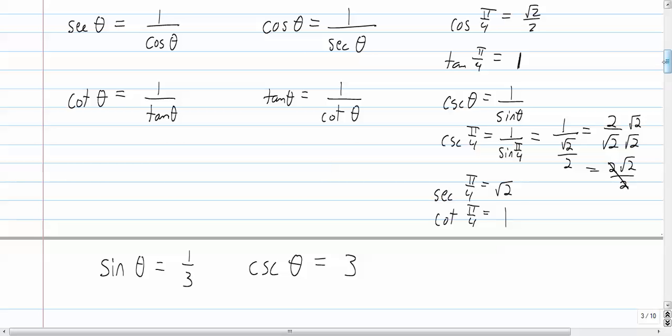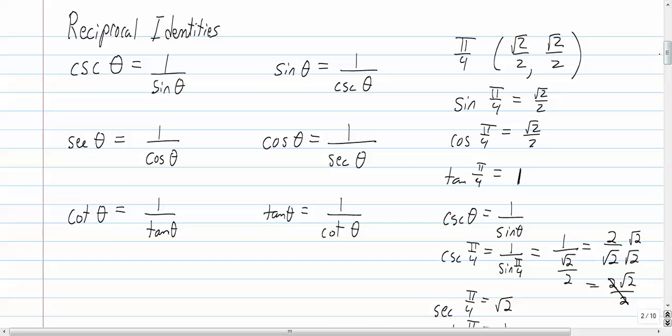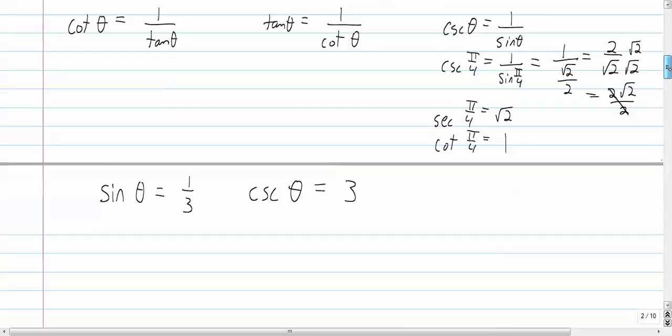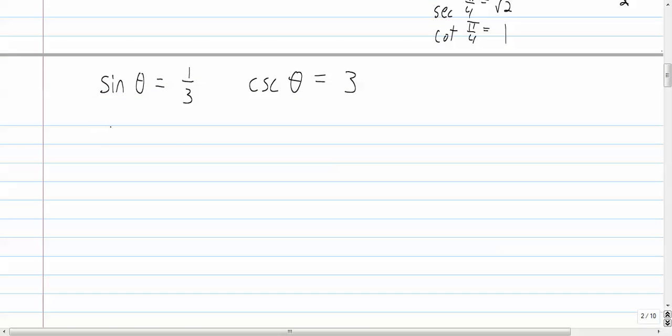Now, another thing that you need to get from these identities, and this is knowledge that you can carry on through calculus, because I still have students that make mistakes in calculus on what I'm about to show you, and you will use it in here as well.